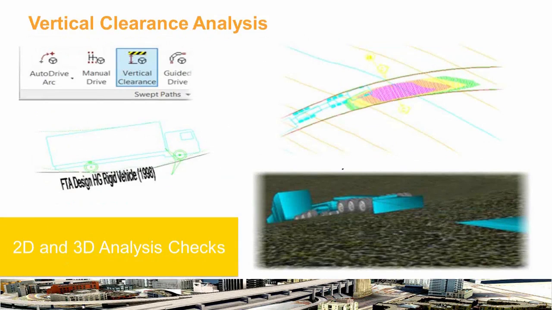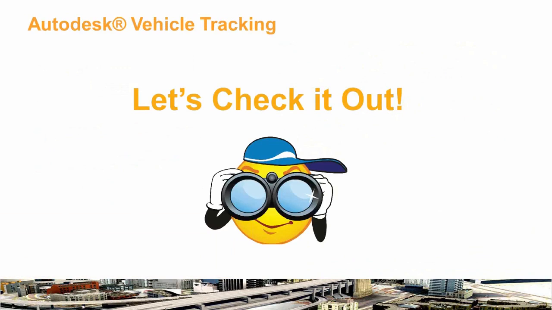Again, we also have vertical clearance analysis, which will help ensure that the vehicle types you're testing for are not going to bottom out or ground out on crest or sag curves in your design. It'll also check for height clearances too. So if you're going under bridges, tunnels, things like that, you want to make sure that everything's going to fit properly. So let's take a look at that now.